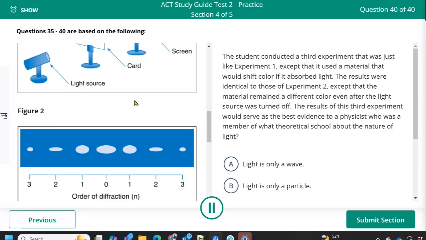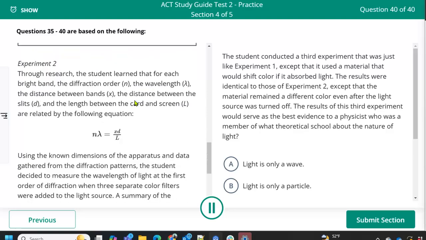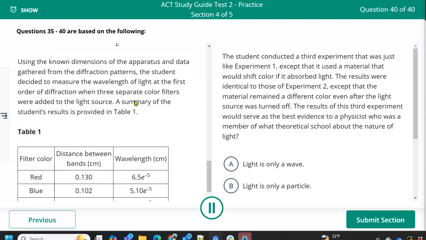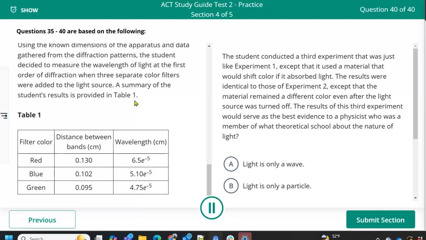Results were identical to those of experiment 2, except that the material remained a different color after the light source was turned off. Results of this third experiment would serve as the best evidence to a physicist who was a member of what theoretical school about the nature of light?